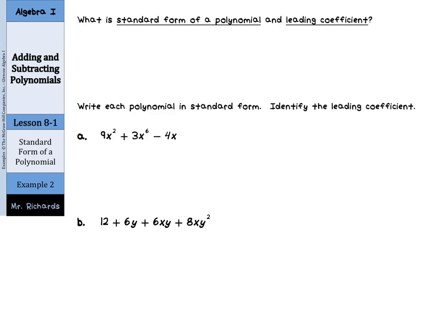Now, what is the standard form of a polynomial, and what is the leading coefficient? Well, the standard form of a polynomial is when it has terms in order from the greatest to least degree.